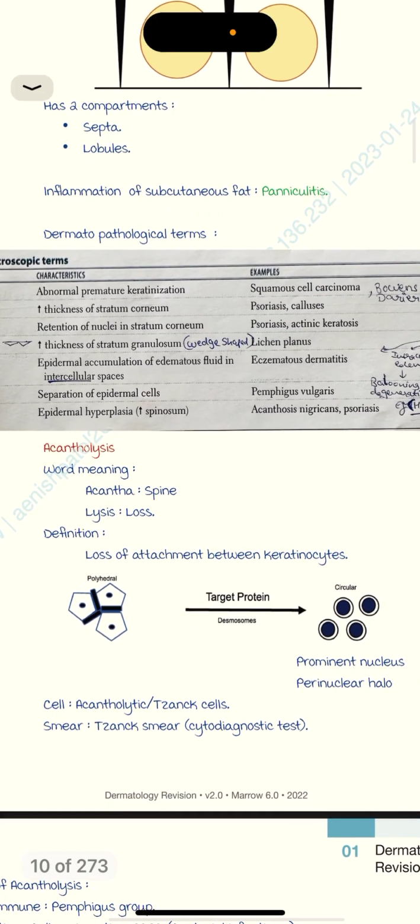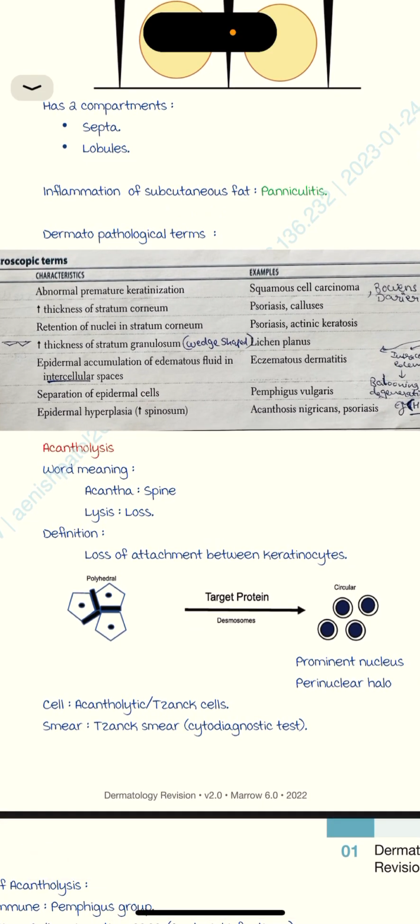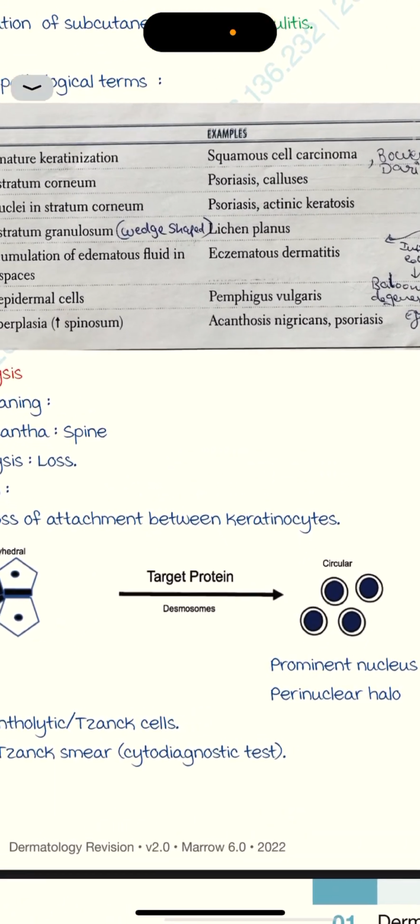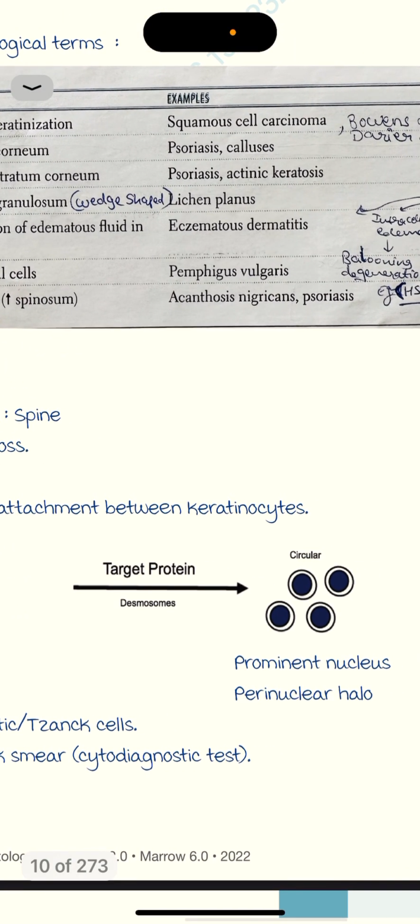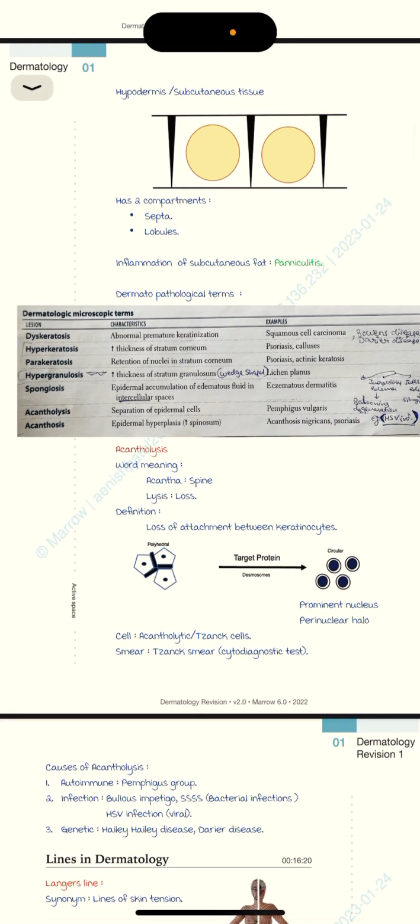It is seen in pemphigus vulgaris. To detect this is Tzanck smear, which is a cytodiagnostic test, and cells here are seen as prominent nucleus with perinuclear halo.